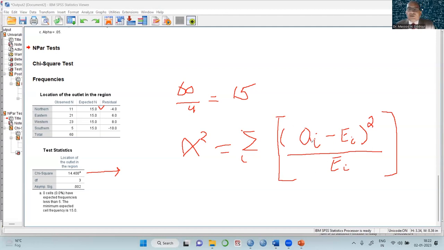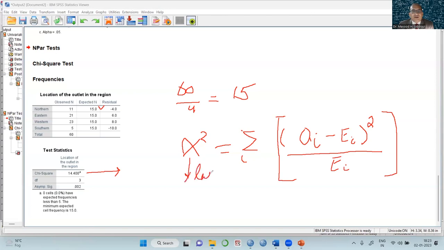Now, if Oi and Ei are nearly the same, there will be a low difference, so the chi-square value would be low. In that case, the observed and expected frequencies are the same, meaning all have equal presence. But if one category has a high presence, one of the Oi would be very high compared to Ei, and the other Oi would be relatively low compared to Ei. In that case, we will have a large value of chi-square.